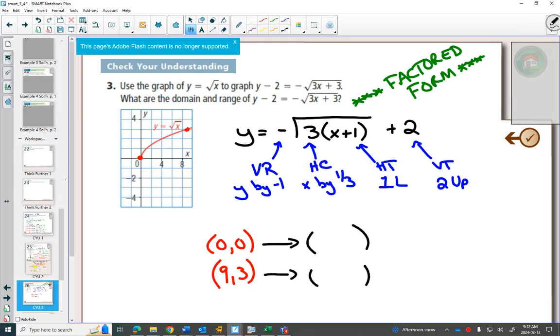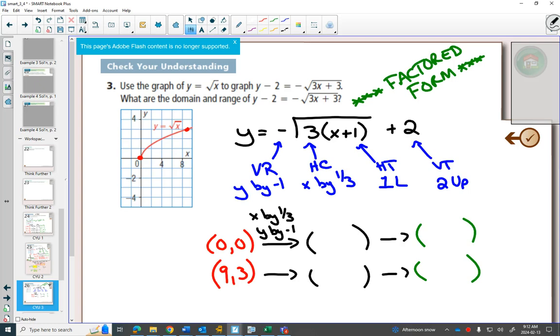So what we're going to do as far as setting this up, remember we always did our stretches and compressions first. That's the first arrow, then translation second. So above this first arrow, I can write out that I need to multiply my x by 1/3, then my y by -1. Multiplication comes before add.